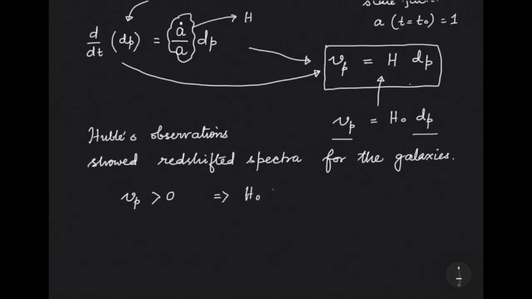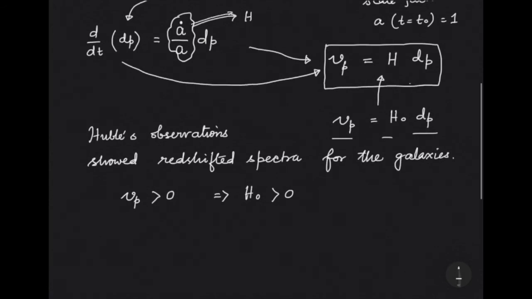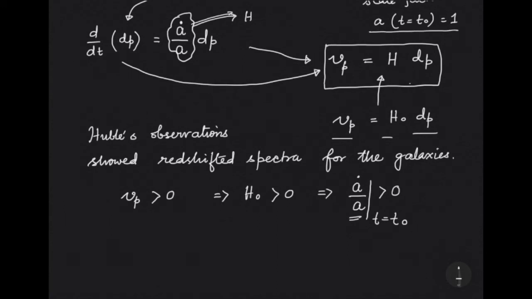So this implies h naught is greater than 0, which means this implies a dot by a is greater than 0. And we are talking about present, so the value of a dot by a at t equals t0 is greater than 0. And remember, the value of a at t equals t0 is essentially 1. So this implies a dot is greater than 0.